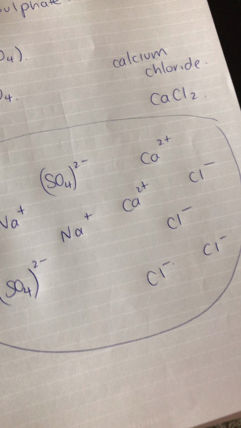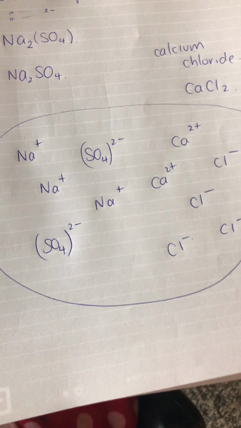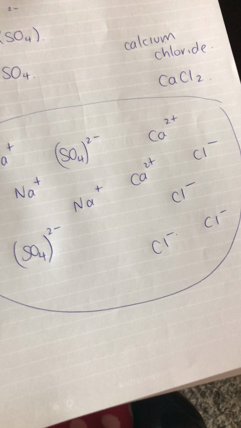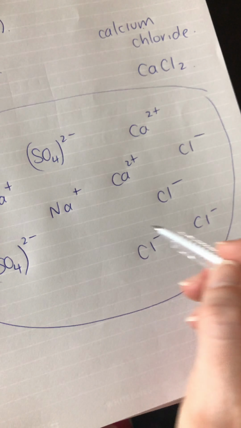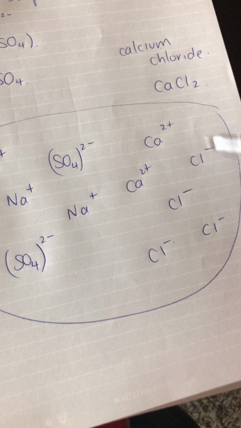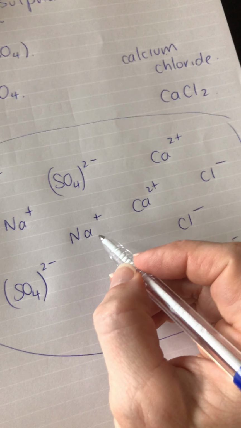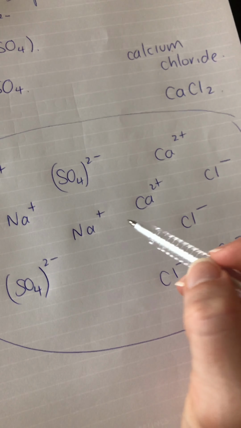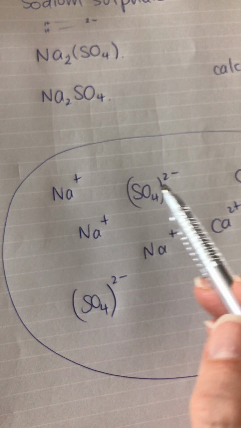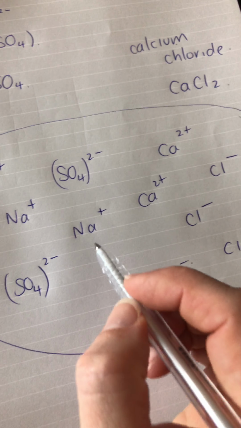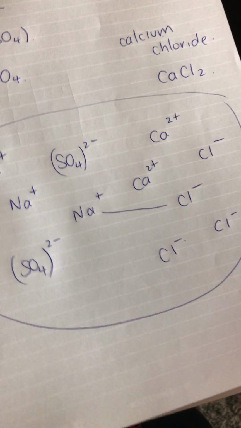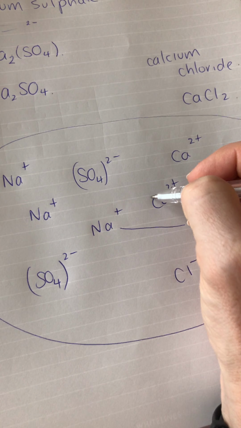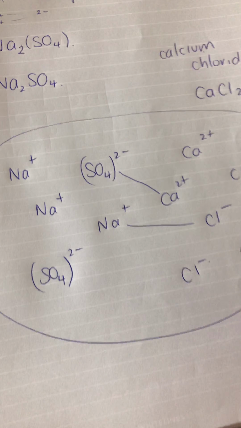Right, so these little ionic, positively and negatively charged ions are floating around in solution, and what they can do is partner up with the other chemical's partner, so switch partners. So instead of sodium matching up with sulfate, sodium can match up with chloride ions, and calcium can match up with sulfate ions.